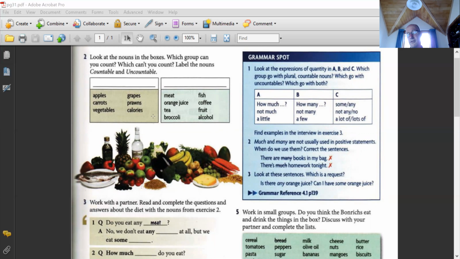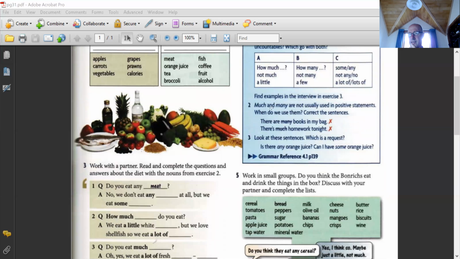There's a lot of apples. There's a lot of meat. There's lots of carrots. There's lots of coffee. So, which one sounds right? Or do they sound like they could all be right? So one of them goes with countable, one goes with uncountable, and one goes with both.